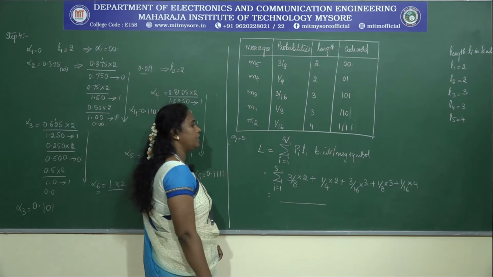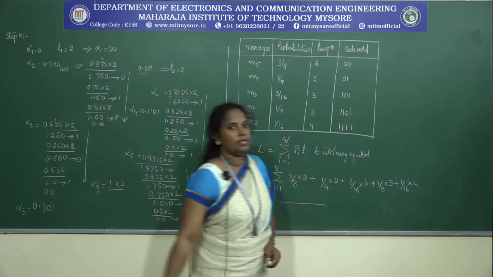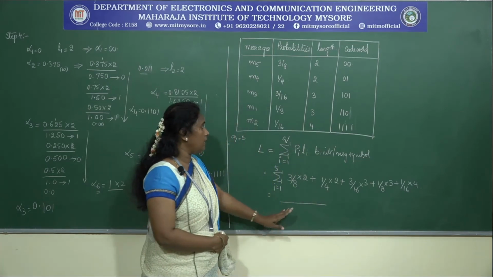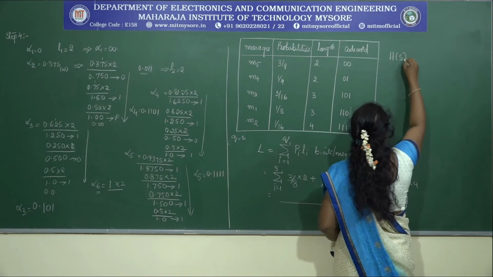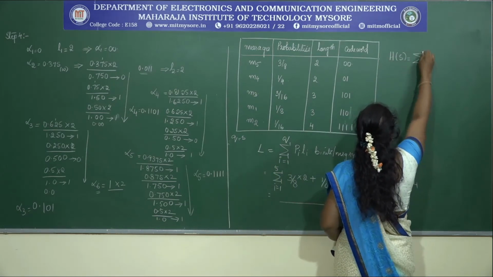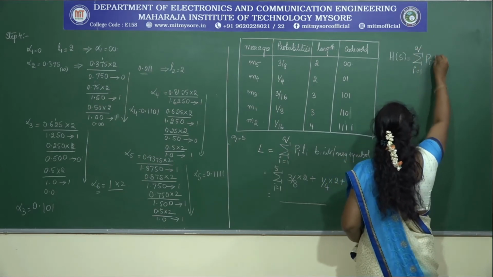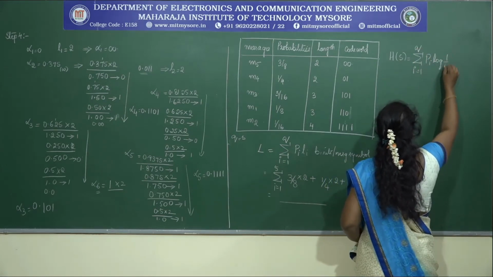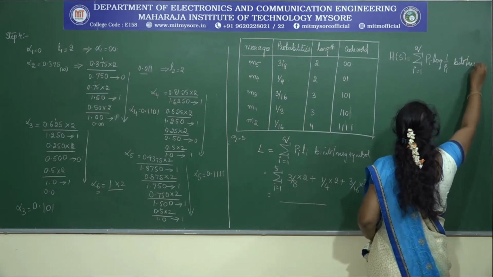Now we need to calculate the entropy, that is H of S. Once you find the average length L, next we need to find H of S. We already know that it is the summation of i equal to 1 to Q of Pi log of 1 by Pi, bits per message symbol.